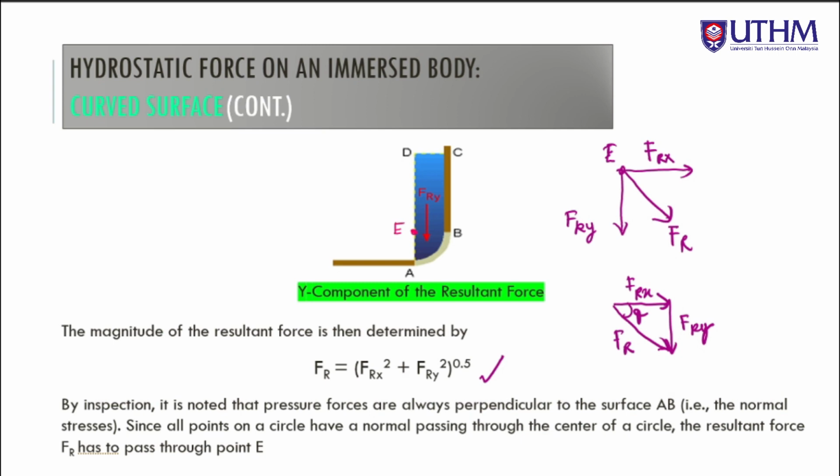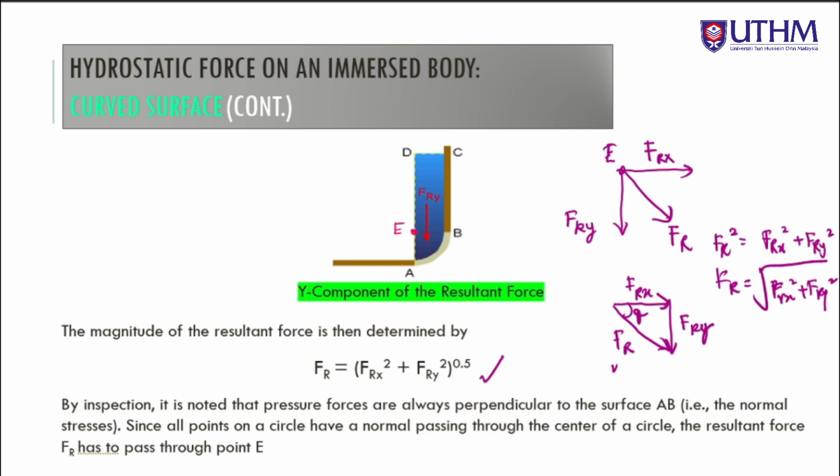So macam mana kita nak cari FR? Kita just guna trigo lah. Okay, FR squared equals to FRX squared plus FRY squared. So FR equals to square root of FRX squared plus FRY squared.